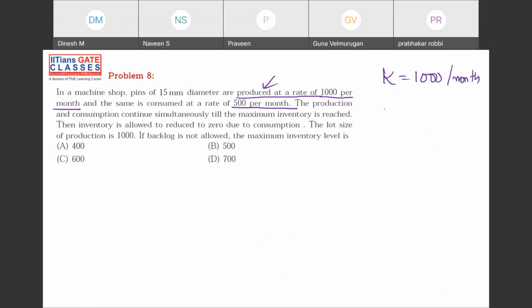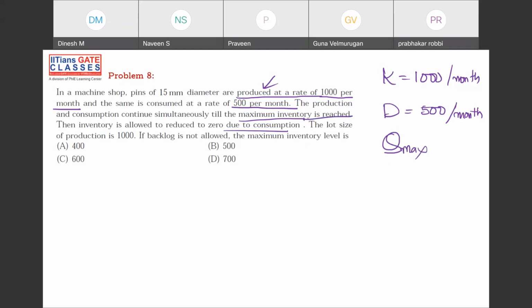Yes. The production and consumption continue simultaneously until the maximum inventory is reached. Once Q max is reached, the inventory is allowed to reduce to zero due to consumption.